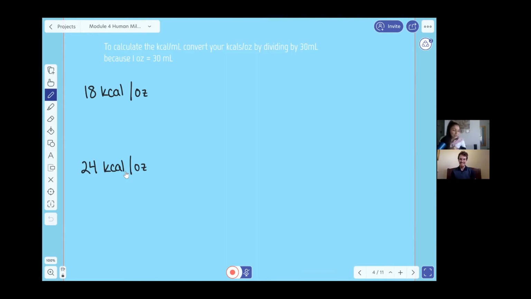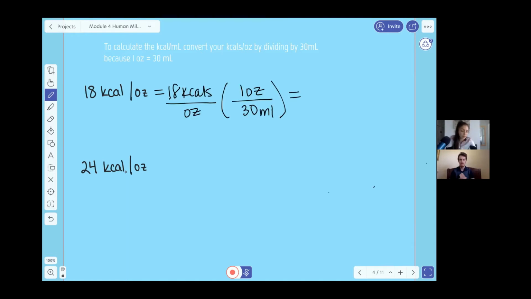All right, so let's do some sample calculations. So say we have a formula that's 18 kcals per ounce and we want to convert it to kcals per milliliter. So as it says up here, it's very simple, guys. We're just going to divide by the conversion rate, which is 30 milliliters per 1 ounce. Okay, so we have 18, so we're just going to rewrite this. All right, guys, so we have our 18 kcals per ounce. So I'm just going to switch that and put the kcals and then the ounces over so that you can see this more simply.